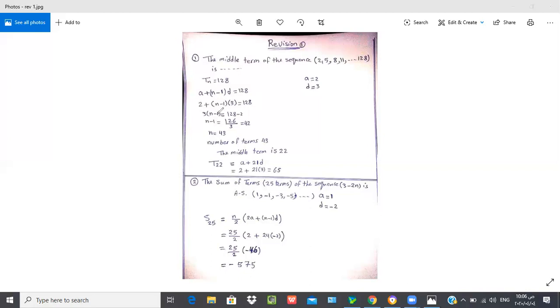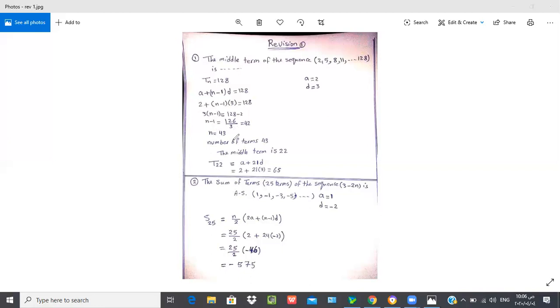Here 3 multiplied by (n minus 1), this 2 will go to the other side, negative 2. So n minus 1 equals 126. Divide by 3, the result will be 42. Here, the number of terms is 43.